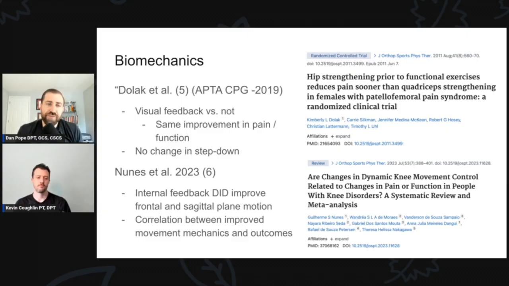So when I first saw that clinical practice guideline, I was like, oh my gosh, that's kind of weird. What's the deal with that? And then I saw this newer research, I was like, okay, well, that makes some more sense to me. But when I read those two studies, it's like, all right, it's obviously nuanced here. And there might be something to movement improving people's pain, might not be. We're not completely sure. Any thoughts on that before we move on, Kevin?